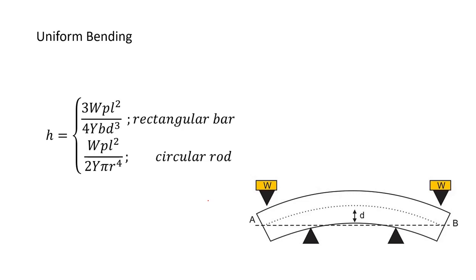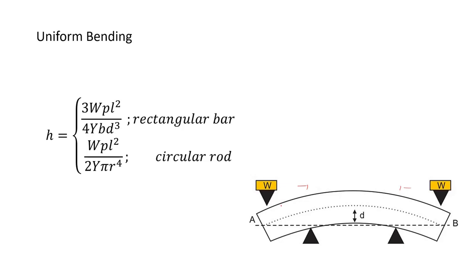Also, in the case of uniform bending, that is when we load a beam on either side with equal weights at equal distance from the point of contact, then we call it uniform bending.